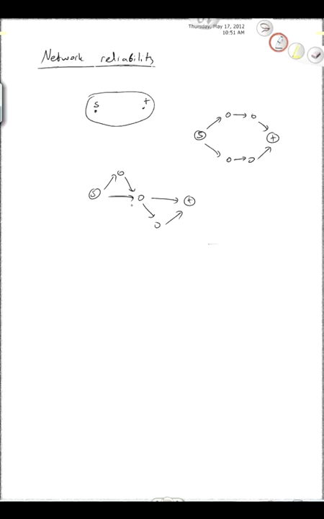So you can see that there's some kind of asymmetry between nodes failing and edges failing by looking at this graph. So let's formalize this idea with a couple of definitions.